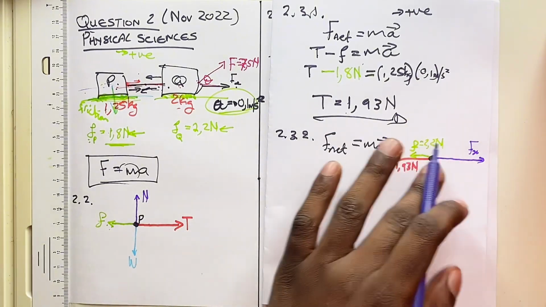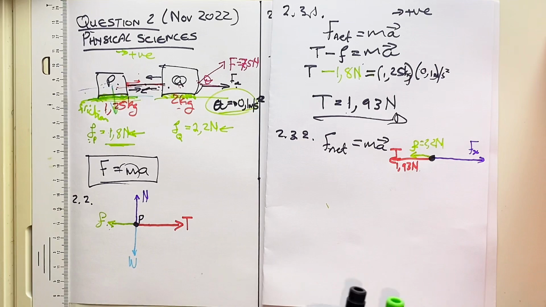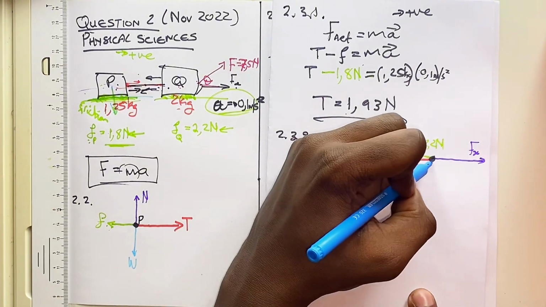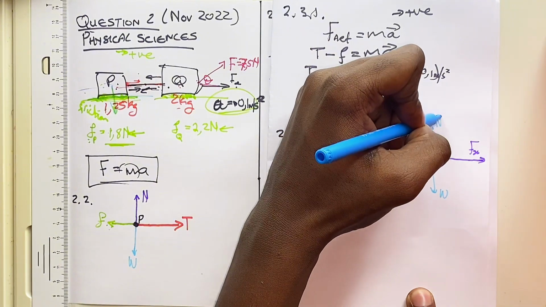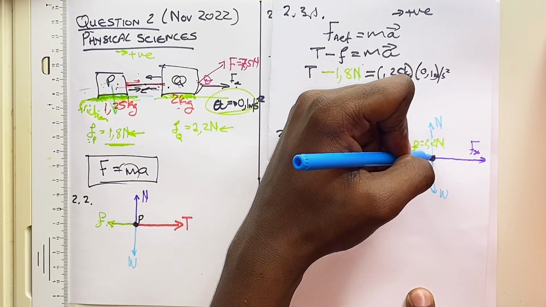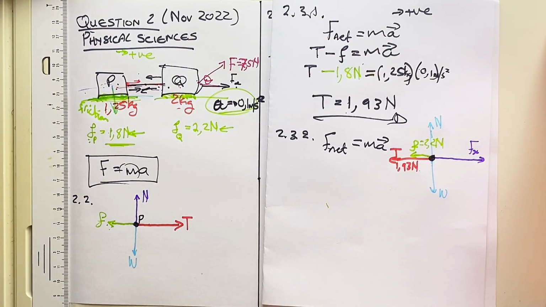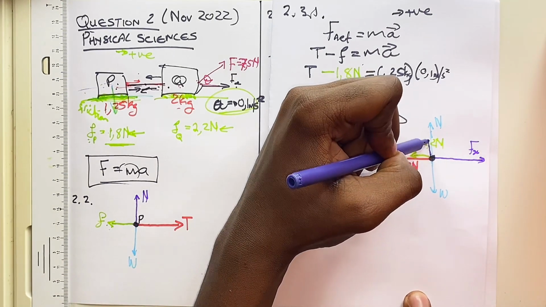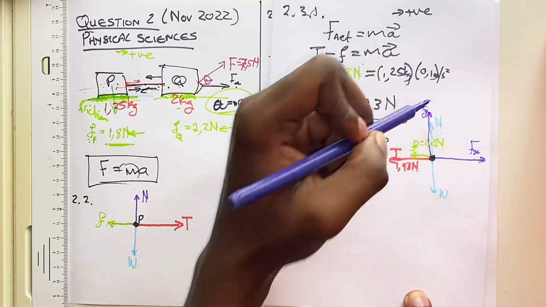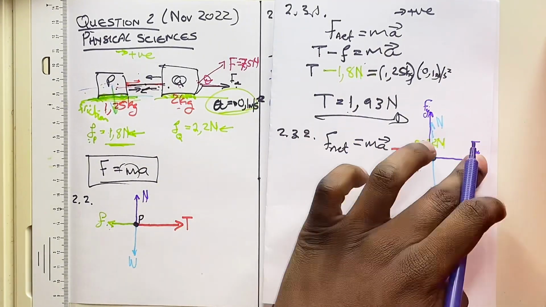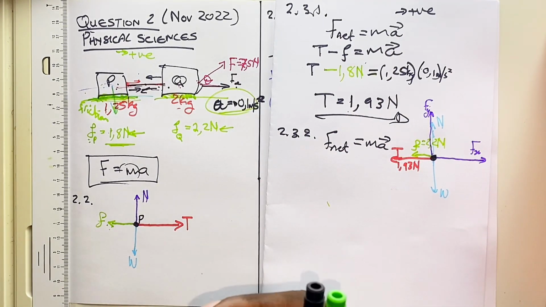And that's all our forces in the x-axis. In the y-axis, you'll have its weight, the normal force, and the y component of the force. But we are interested in the forces that are acting in the x-axis. Now, let's write them down.